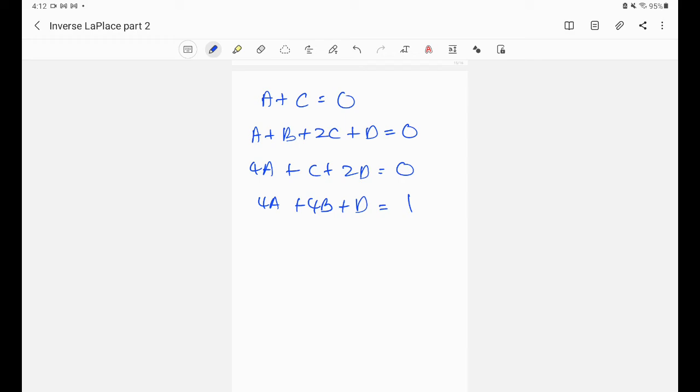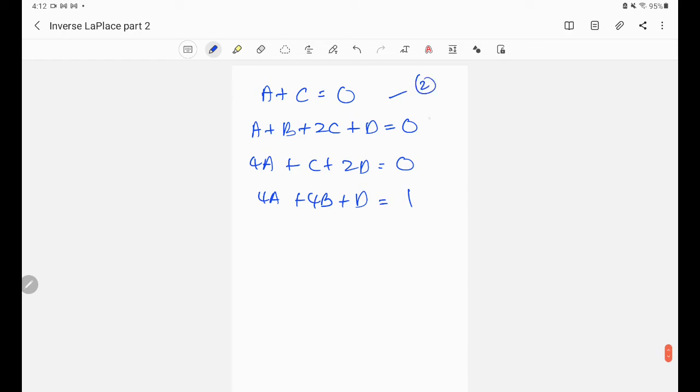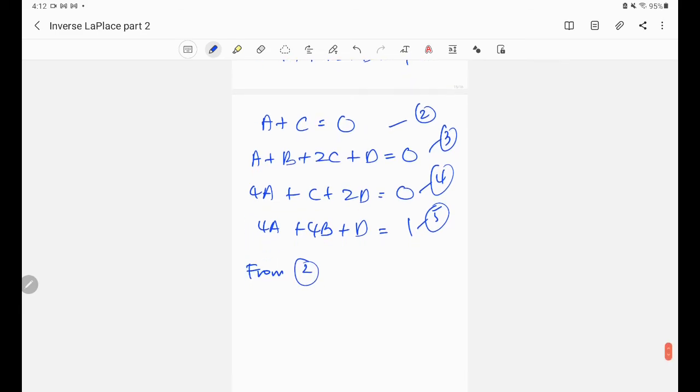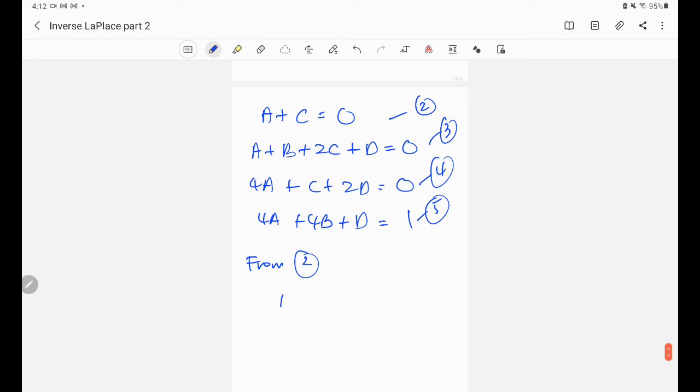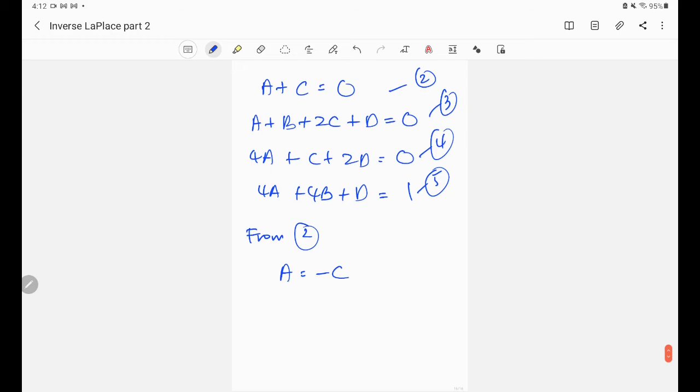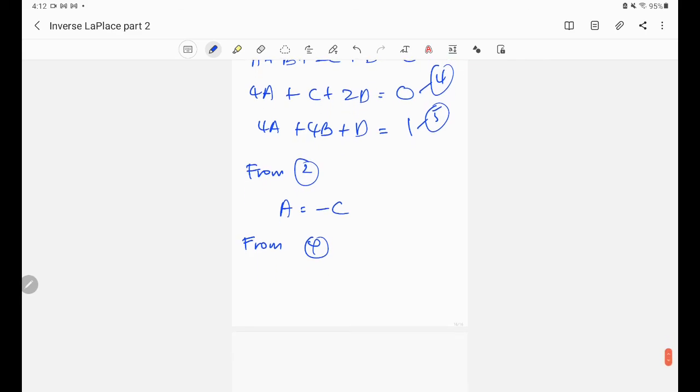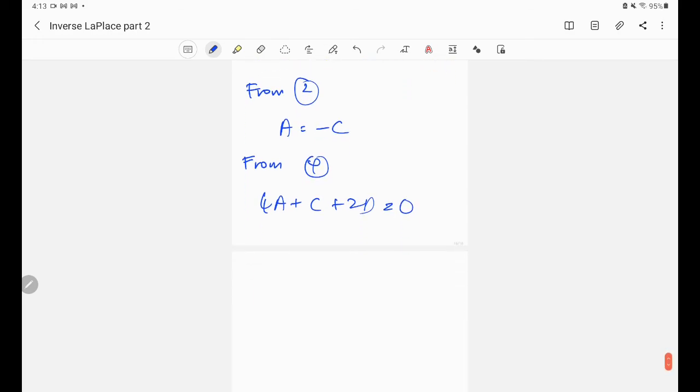So let's put these as equations 2, 3, 4, 5. From 2 we know that A is equal to minus C. And then from 4 we know that 4A plus C plus 2D is equal to 0, and A is minus C, so minus 4C plus C plus 2D is equal to 0.